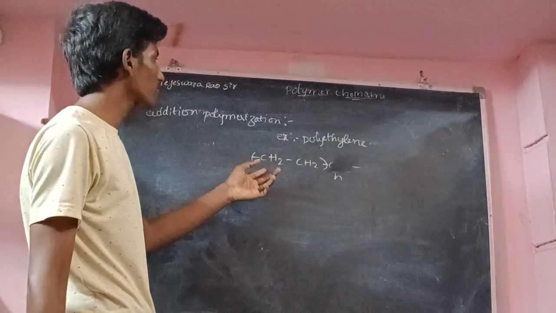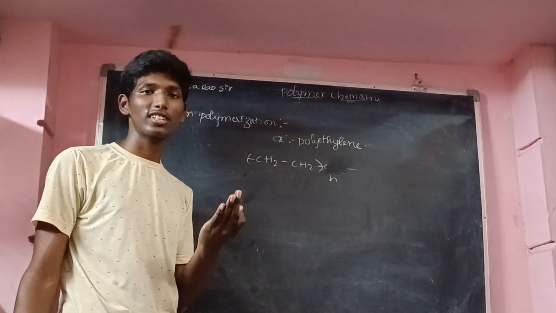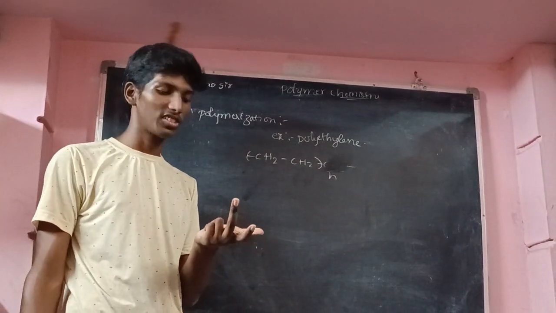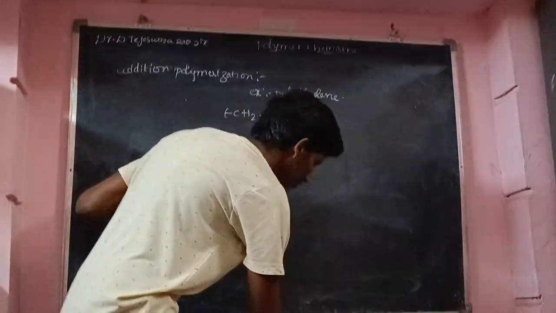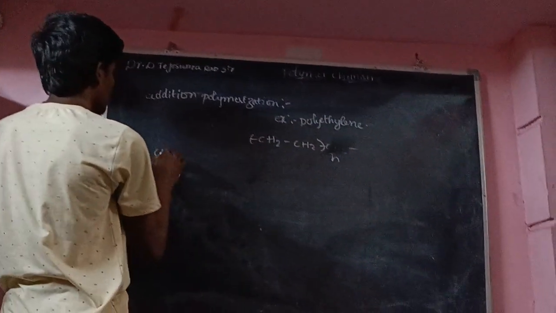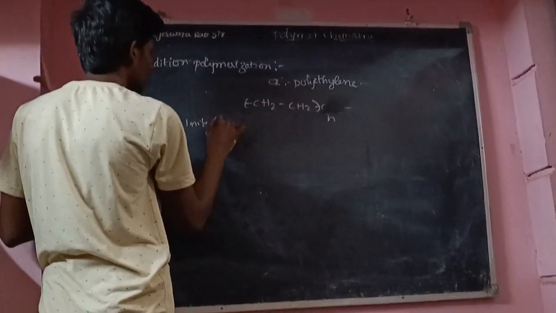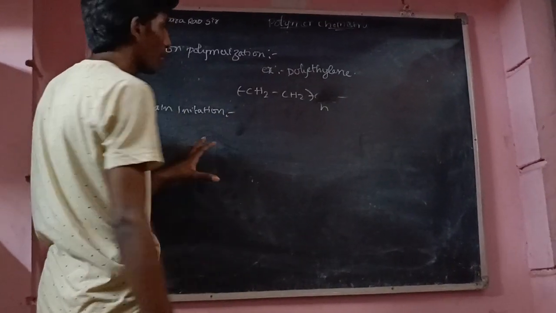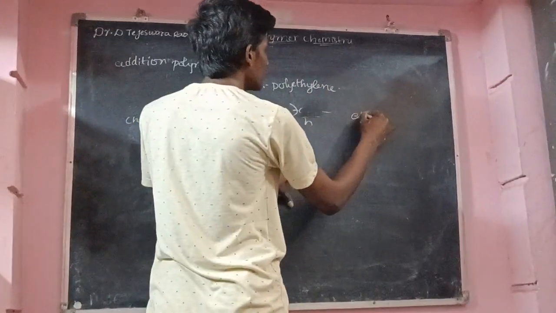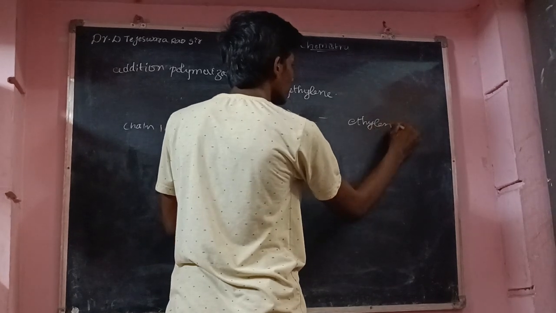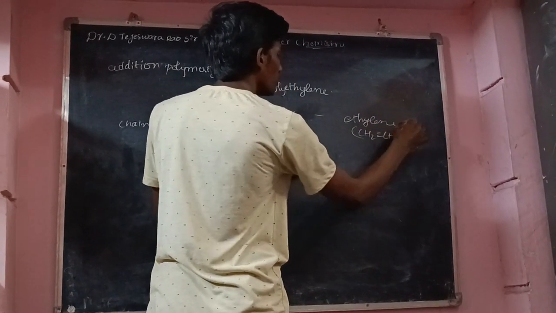The mechanism of addition polymerization consists of three steps: chain initiation, chain propagation, and chain termination. In chain initiation, the monomer unit of polyethylene is ethylene, CH2 double bond CH2.